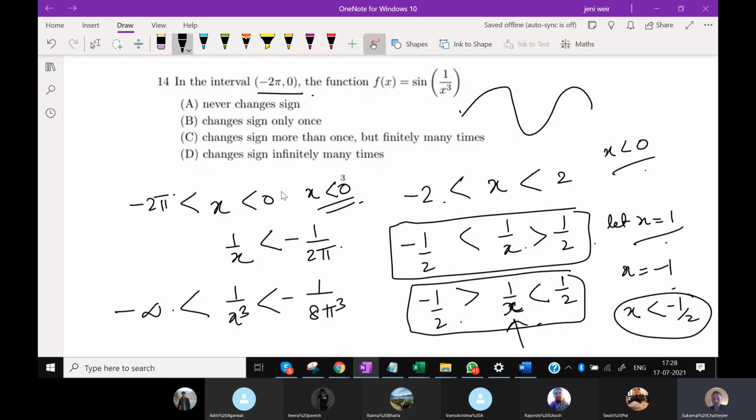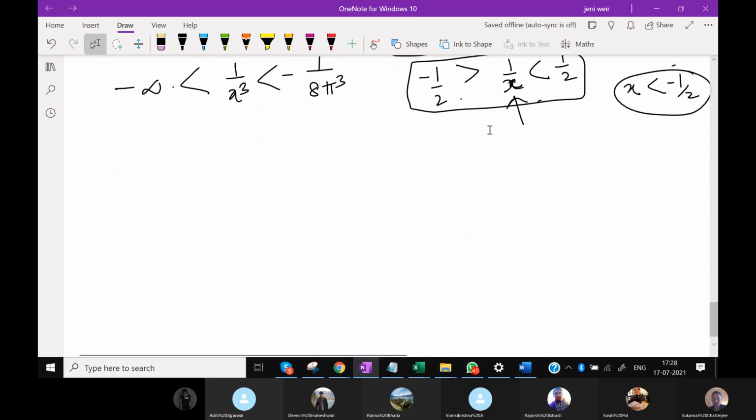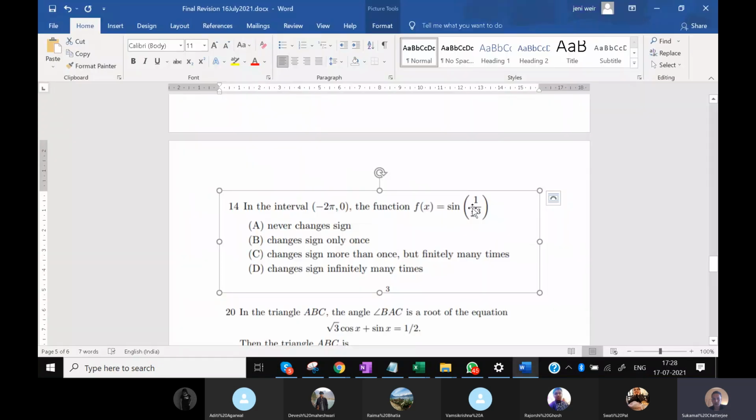So it will change signs infinite number of times. Clear? This concept is very, very important. You have to be very clear about this concept.